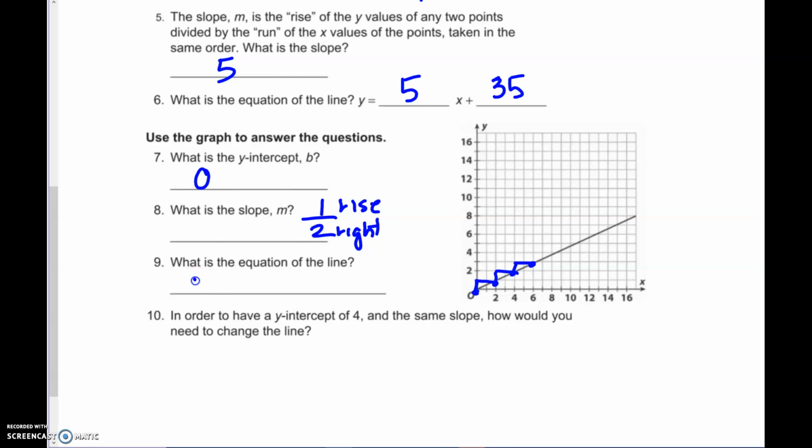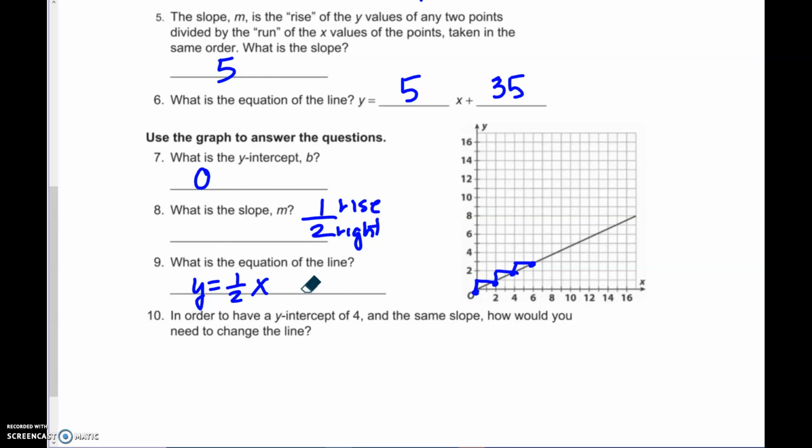So the equation of this line is y equals, and my slope is next, 1/2 x. And you can stop right there, and this can be your equation. Or if you wanted to on the test and you wrote plus 0, that would be fine. But just remember, more than likely, they are not going to have this plus 0 as an option in here.